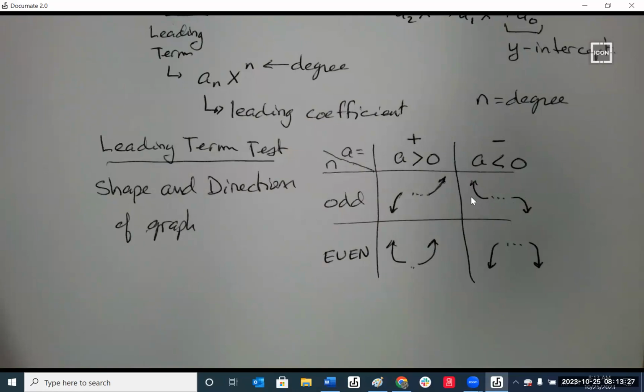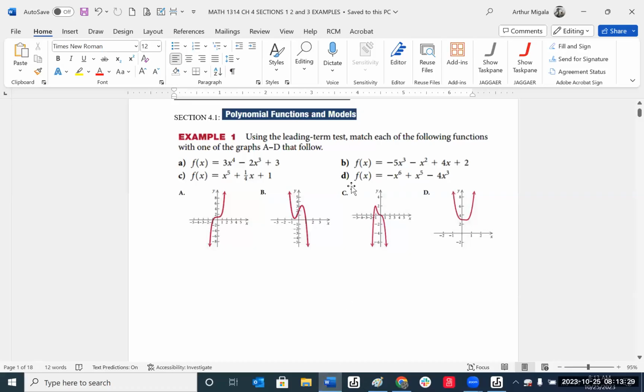That means both ends point different directions. And A is -5. So we know they point opposite directions, and the right-hand side goes down. So it's B. It goes down because it's negative, and since it's an odd exponent, they point different directions.